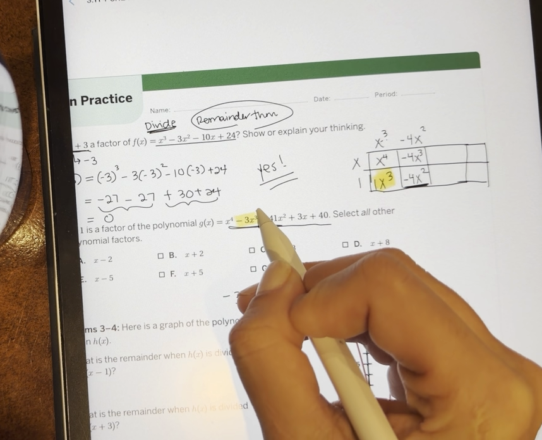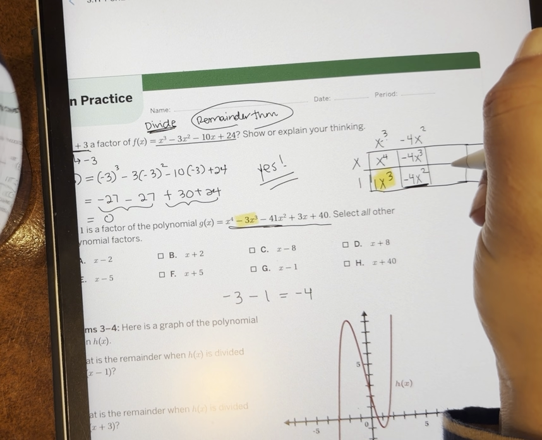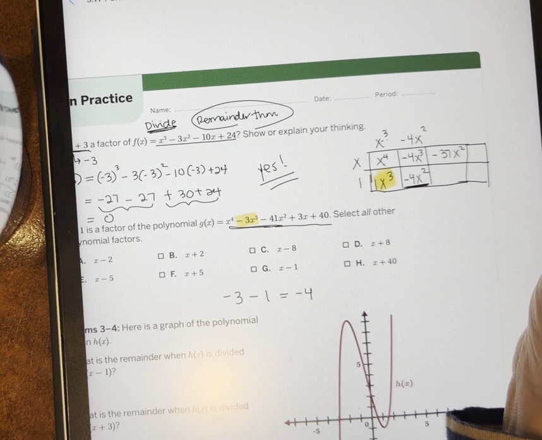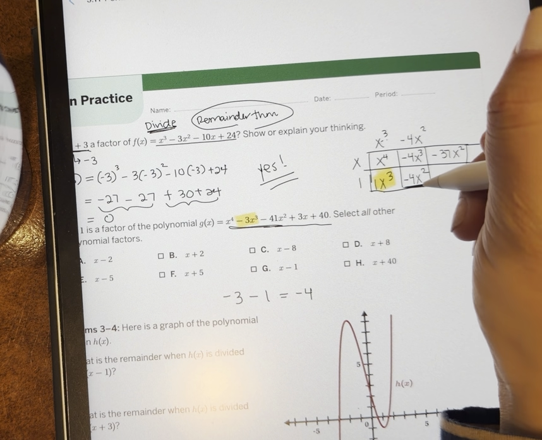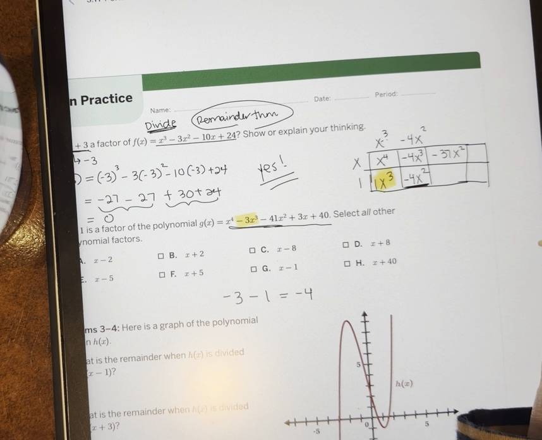What I want is a negative 41x squared. So that means that I need 37 more negative x squareds, if that makes sense. That's how my brain sees it, is I already have 4 negatives. I want 41 negatives, so I need 37 more negatives.